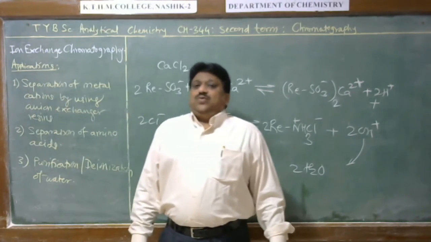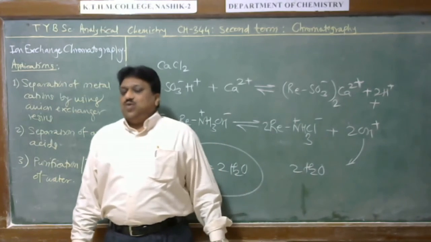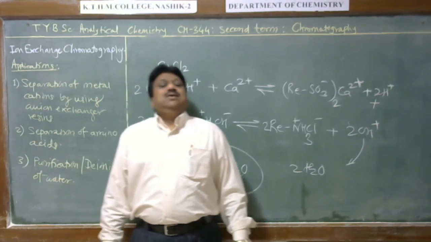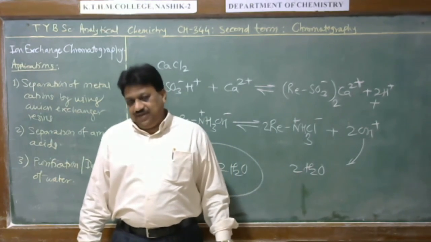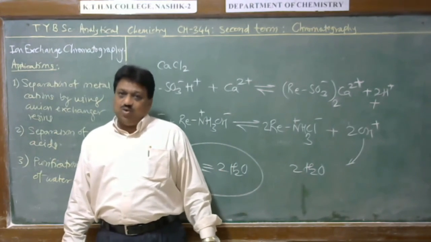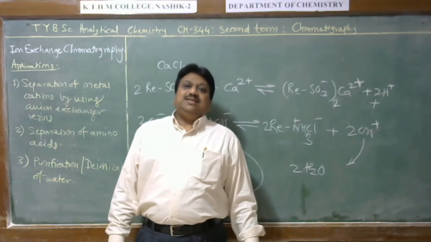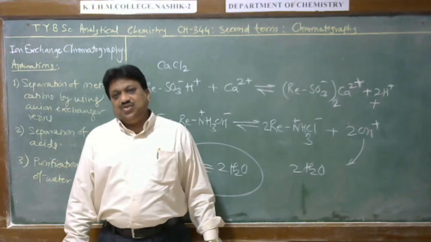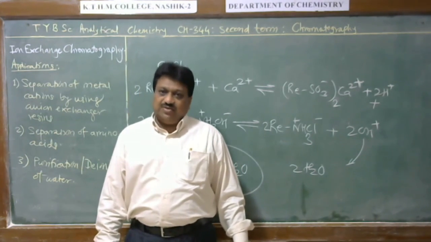Students, you can find out the answers to the following questions. Number 1, what is ion chromatography? Number 2, what is the stationary phase in ion chromatography? Number 3, give the classification of stationary phase in ion chromatography.